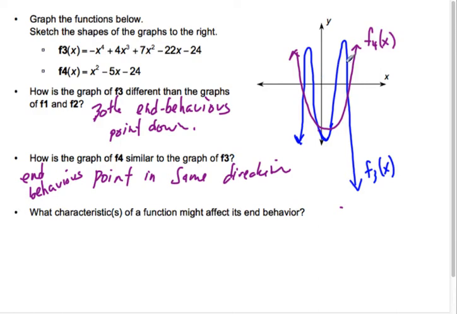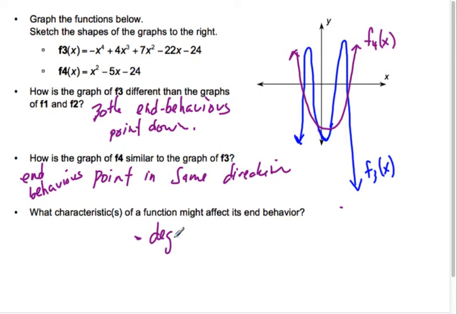And what I mean by that is notice the blue one, as x goes out to infinity, y is going to negative infinity, and the same as x goes to negative infinity, y is also going to negative infinity. And f4, as x goes to infinity, y is going up, but it's also going up when it goes the opposite direction.